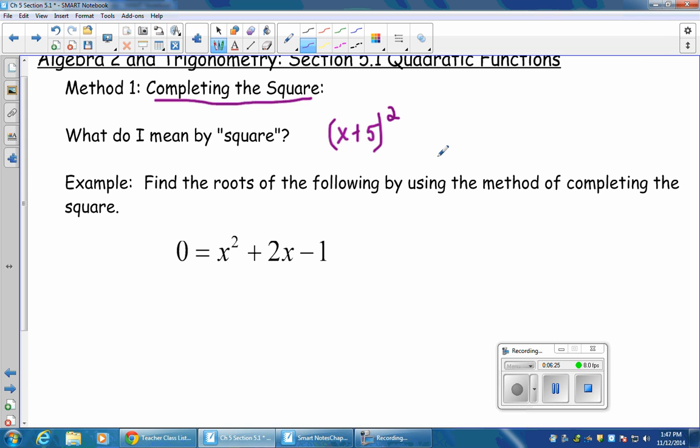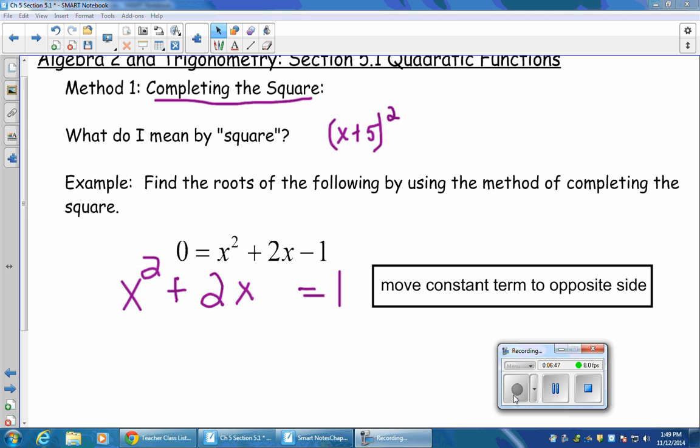All right, so the first thing that we're going to do is we're going to take the constant term and move it to the other side of the equation. So we have x squared plus 2x equals 1. So we have the x squared plus 2x, and we're going to move the 1 to the other side.